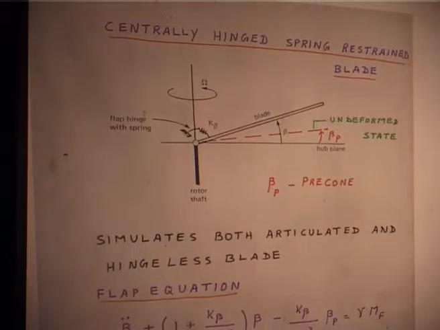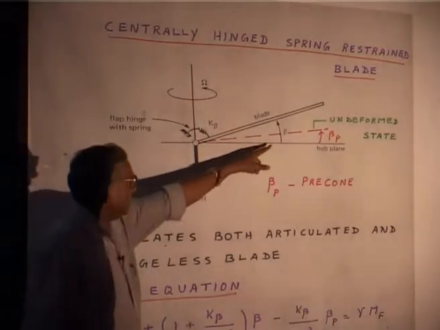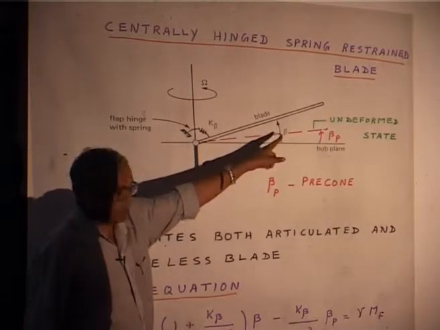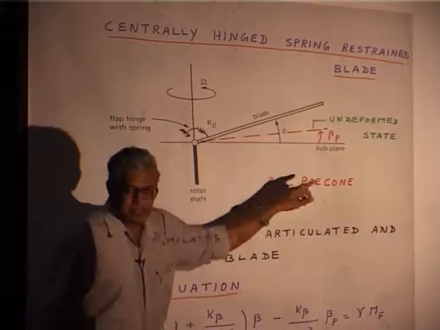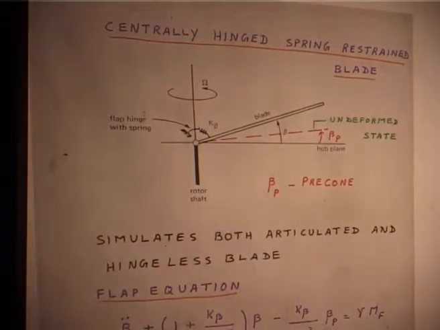Beta is the flap angle. Please understand, beta is measured from the horizontal hub plane, but the blade is already kept at a pre-cone. That means the elastic deformation in the spring is beta minus beta pre-cone. And that much moment will act on the blade.